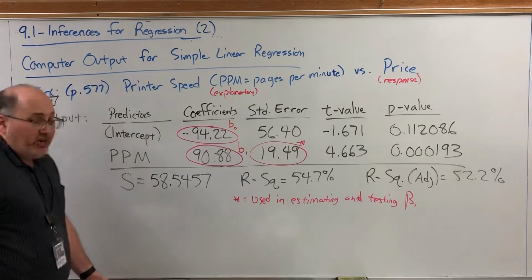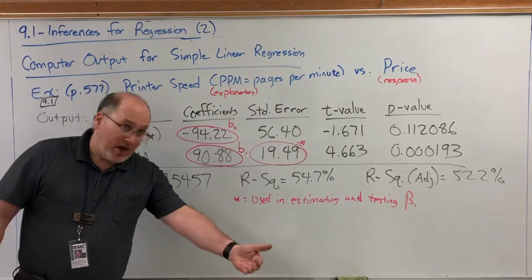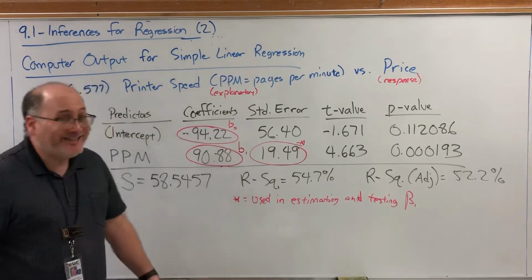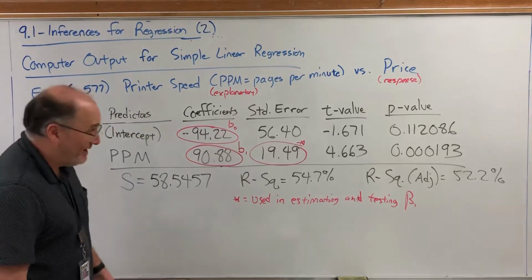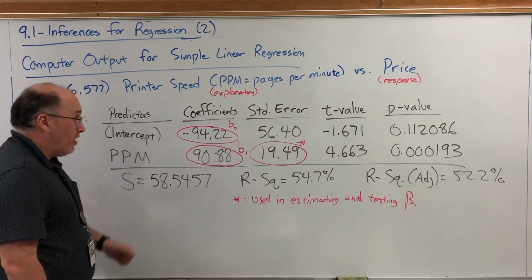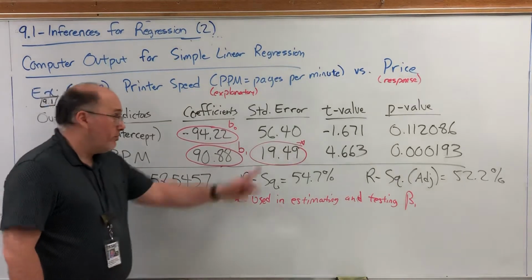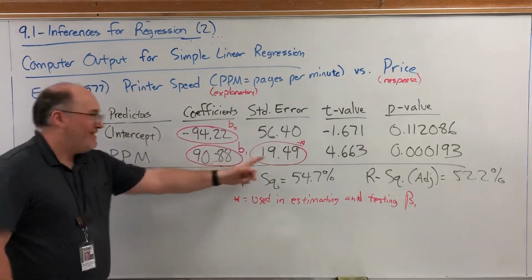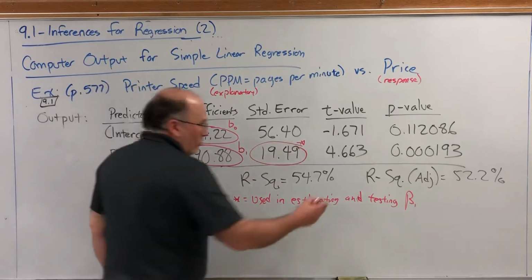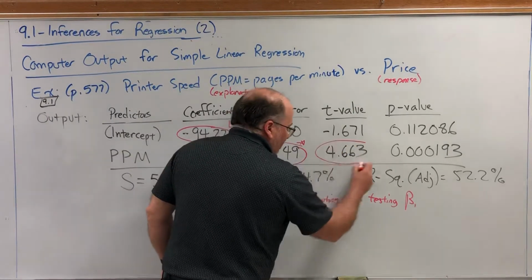You know that there are standard errors involved in both building a confidence interval and calculating a test statistic in a hypothesis test. In these problems, the standard error that you will use will be right here. Now there's also a couple of other things that we could use.